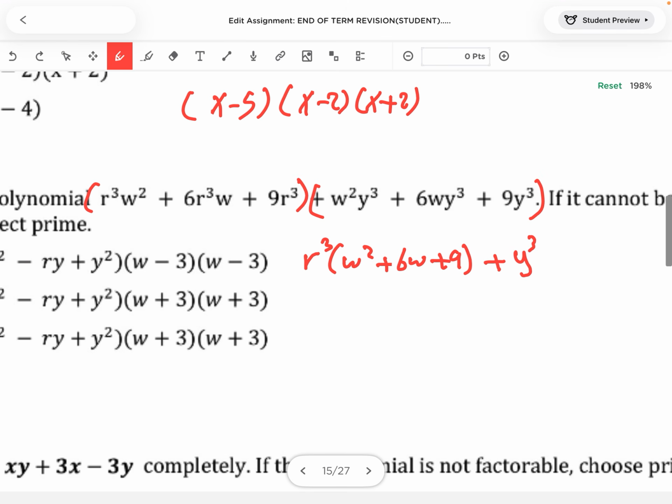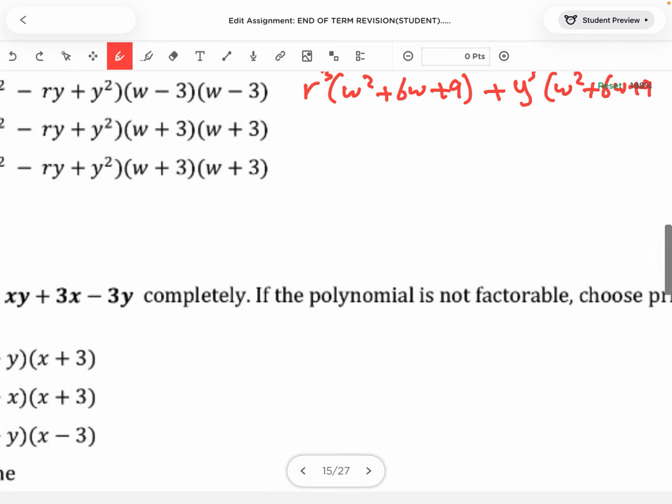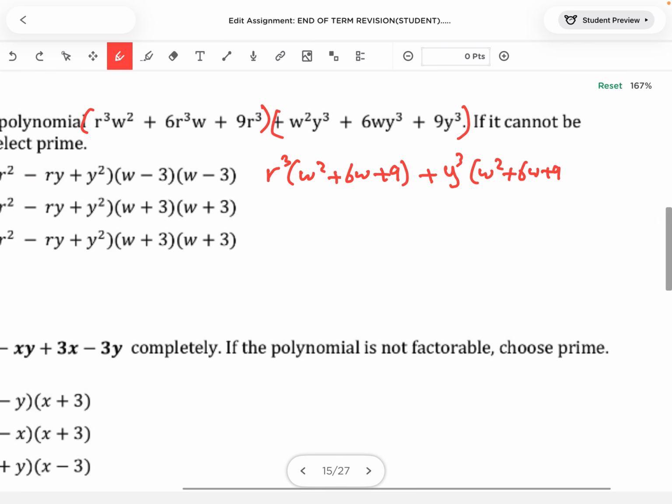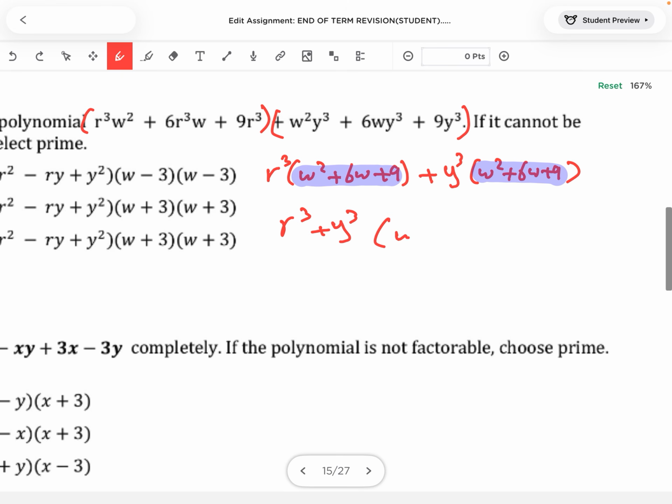Y to the power 3 and w squared plus 6w plus 9. And I have this as a common. R to the power 3 plus y to the power 3, times w squared plus 6w plus 9.